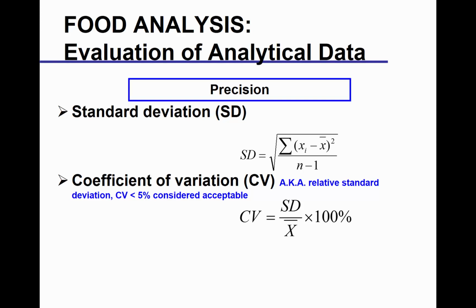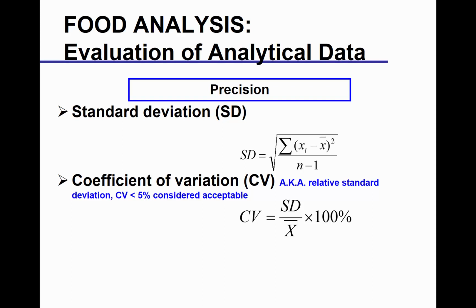It's an ingredient that has high protein content. And then the method: let's say here you have IR, infrared spectroscopy, or you have the Dumas method, which is based on nitrogen determination. It's a nitrogen combustion method, which you'll learn about when we talk about proteins.